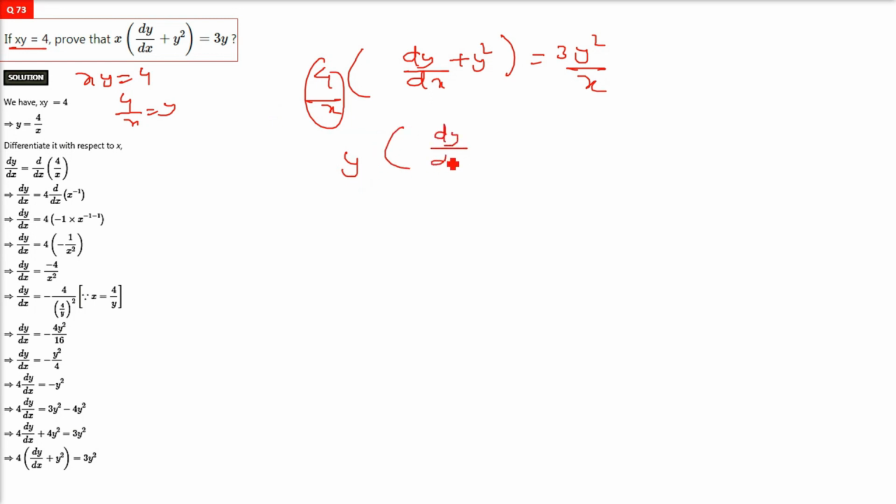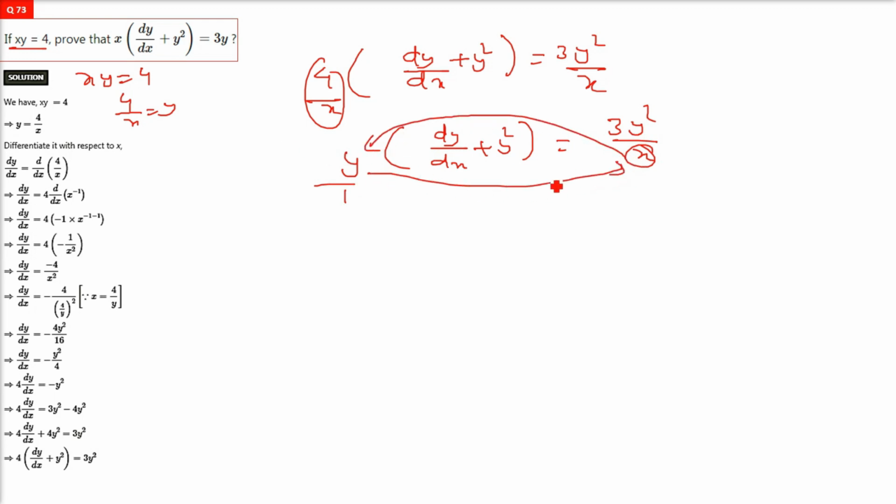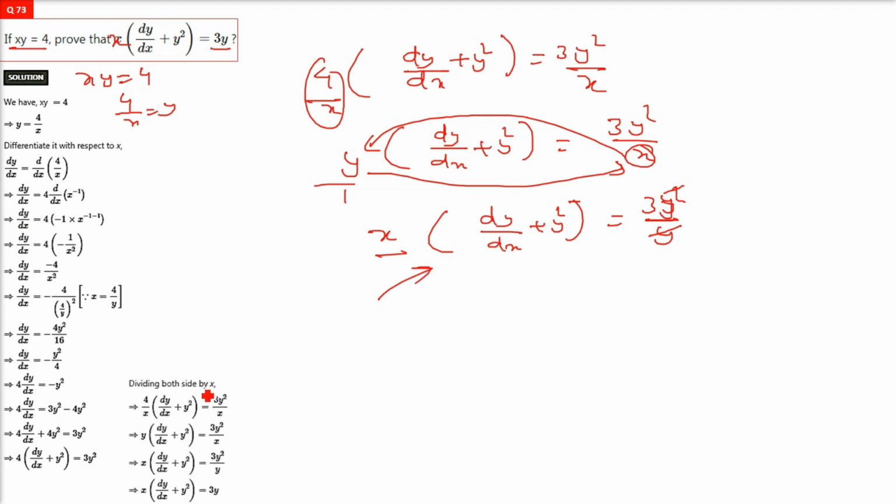So y dy by dx plus y squared is equal to 3y squared by x. Now you can change the position of x and y. In place of x, you can take it on the left hand side, and y on the right hand side in the denominator. So x dy by dx plus y squared is equal to 3y squared by y, and y gets cancelled. So x into dy by dx plus y squared is equal to 3y. This is the final answer.